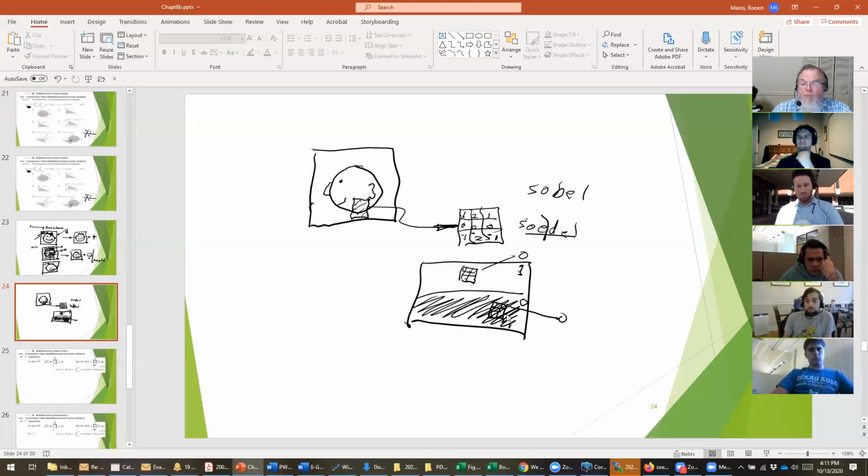Well, you also sum the products here. Yeah, since all of the elements are exactly the same. So when are you going to get a difference? You're going to get a difference when this operator is across an edge, aren't you? When this operator is across an edge, you get a difference.